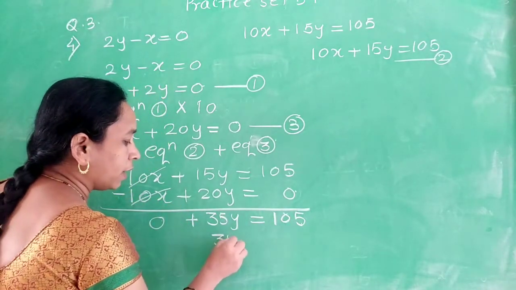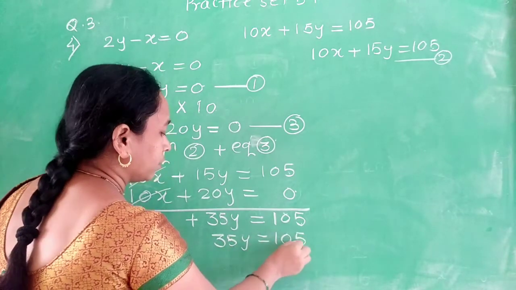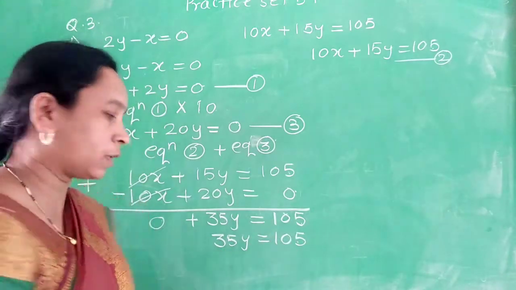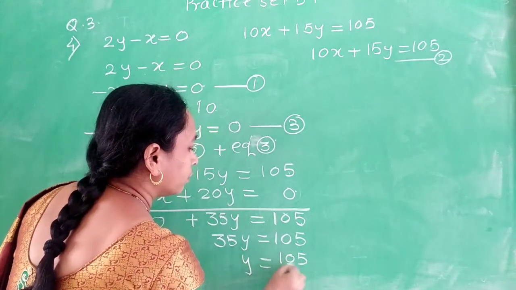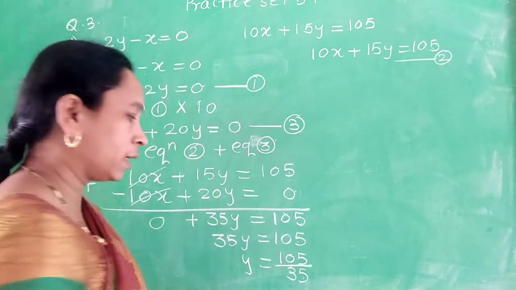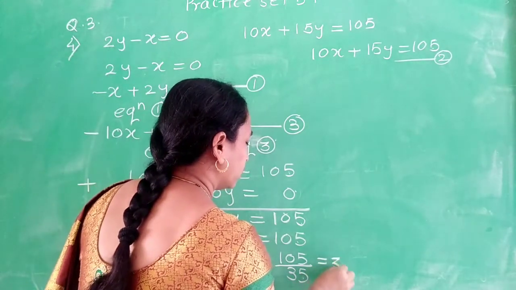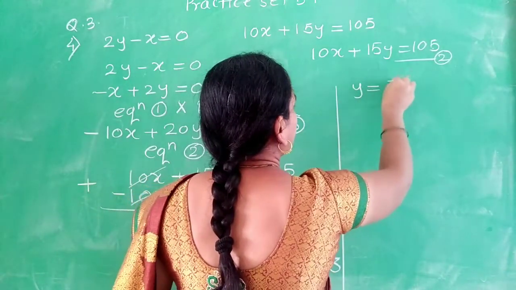So 35y is equal to 105. 35 transfer it on that side, so y is equal to 105 upon 35. If you divide it, we'll get the answer 3. y is equal to 3.